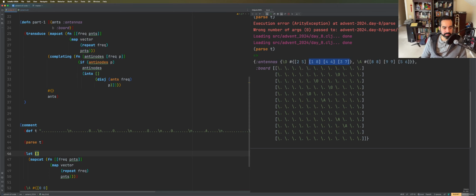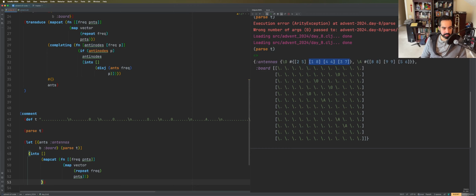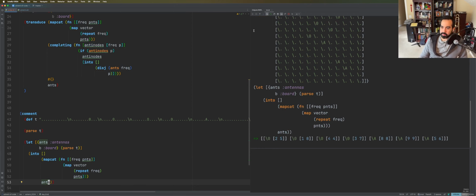Ants. I can't even. Boom. Can't be bothered. Parse T. I just want to make sure this does what I think it does. Oh my goodness, into... My typing is like really painful today. Ants. So this creates a sequence of like this is here and this is here and this is here and this is here.